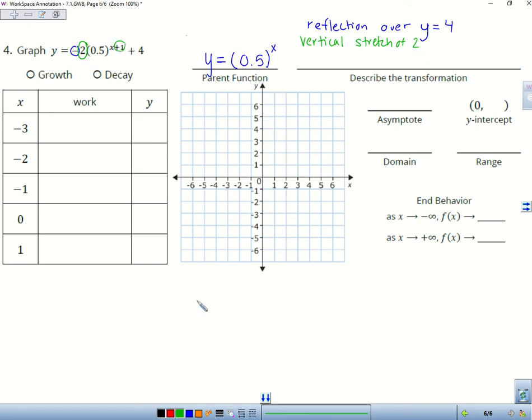This number here tells me we have a shift 1 unit to the left. And then lastly, we go up 4 units.